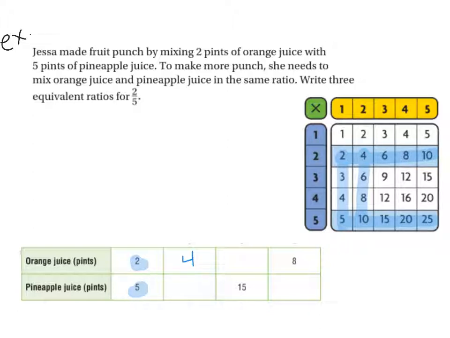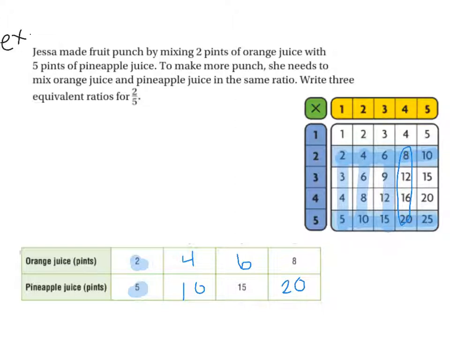So she could use 4 orange juices to 10 pineapple juices. Keep going. 6 to 15. Looks like they filled in the 15 for us, so we just need to fill in the 6. And then 8 to 20. So that's how we could use a multiplication table to find those ratios.